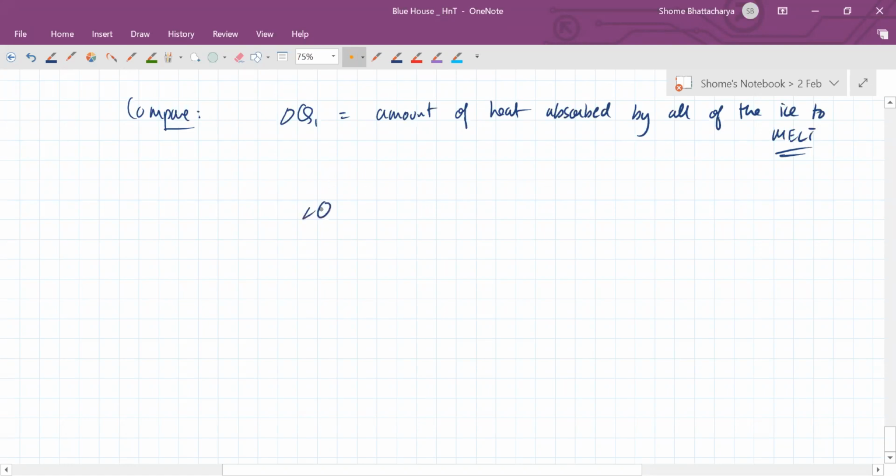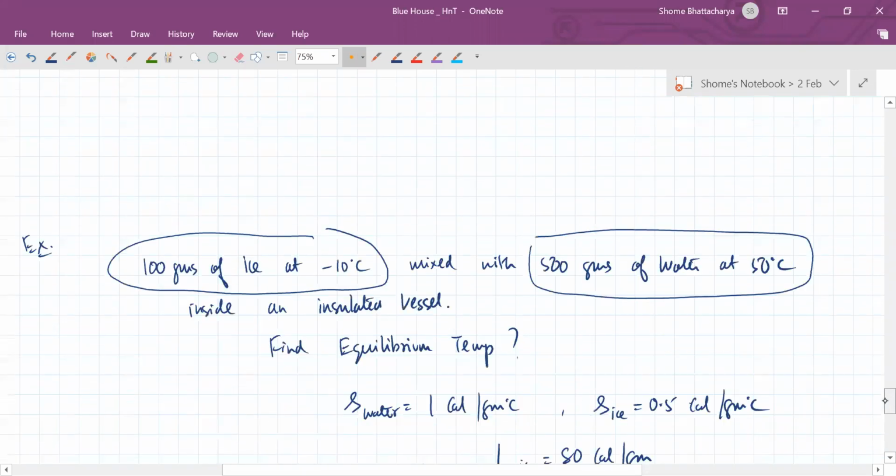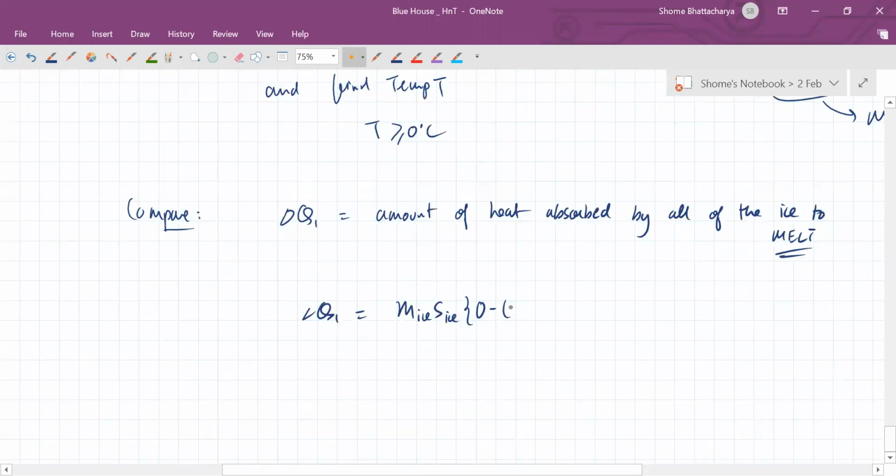So that delta Q1 will be equal to mass of ice into specific heat capacity of ice into 0 minus initial temperature of ice, which was how much? -10 degrees C. Plus mass of ice into latent heat of ice.